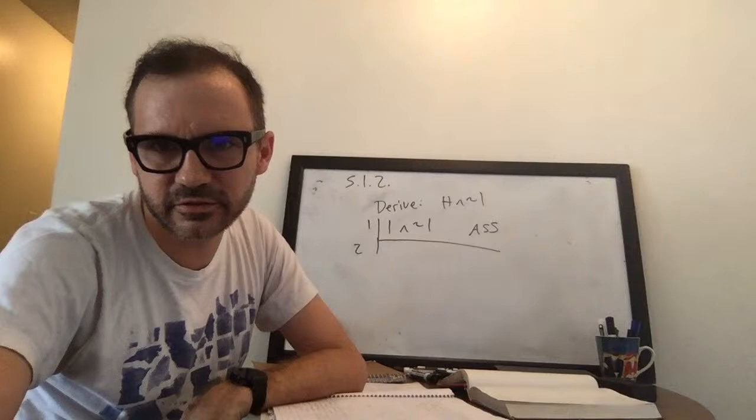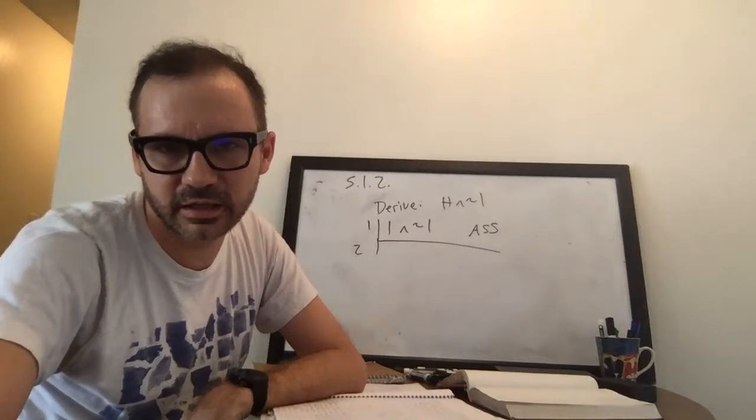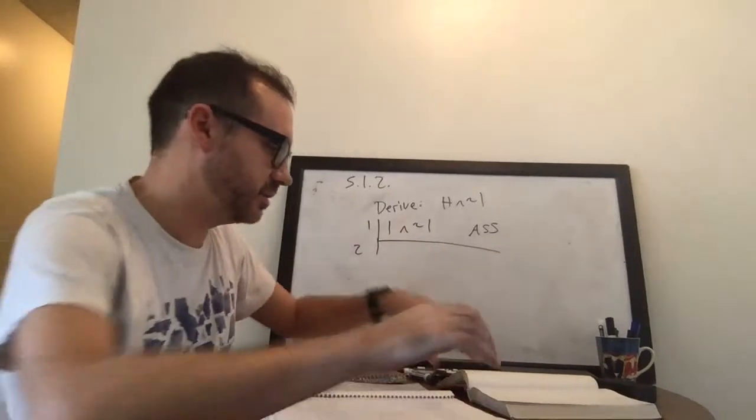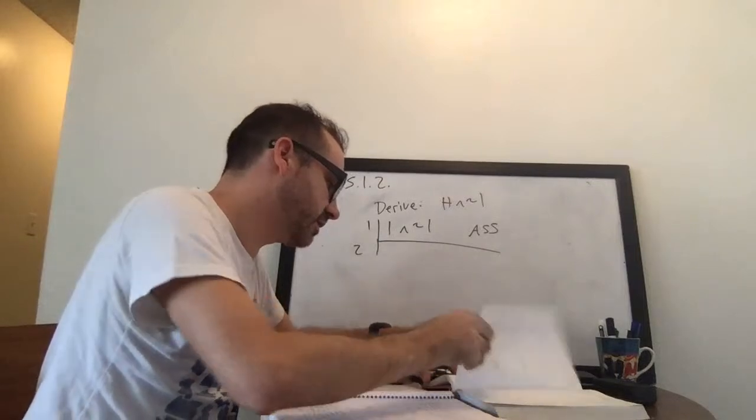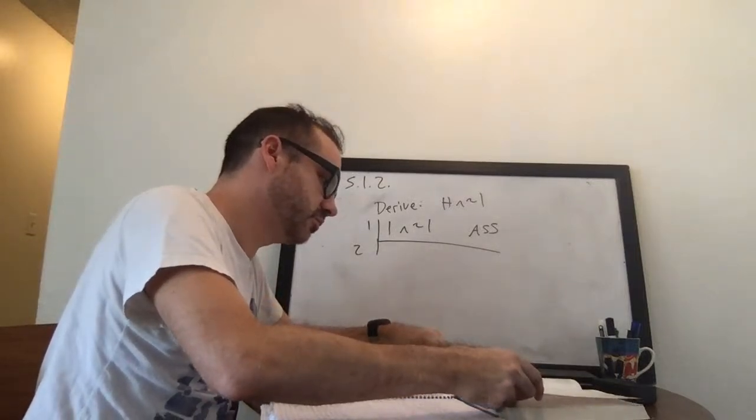In the book, they cite lines 2 through 5, derive A, then A and B. Yeah, let me find the problem set where that problem is so that I can go back to the solutions manual.